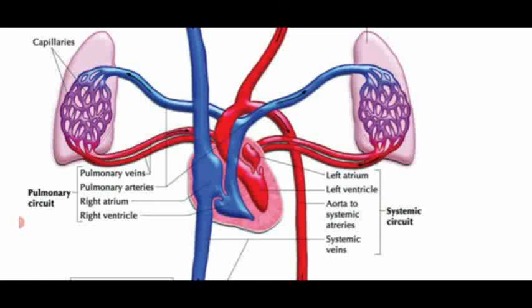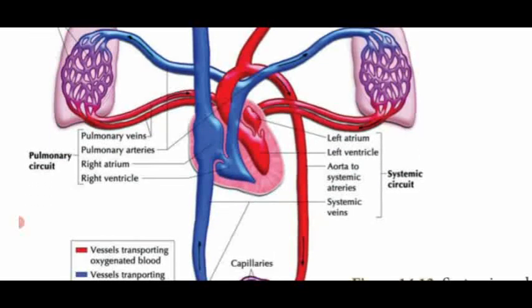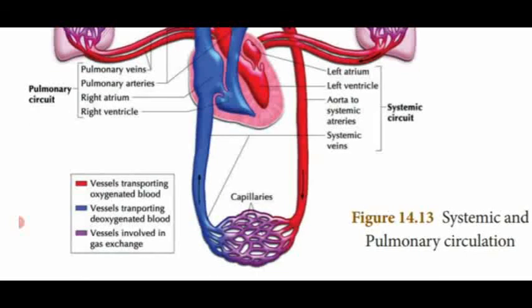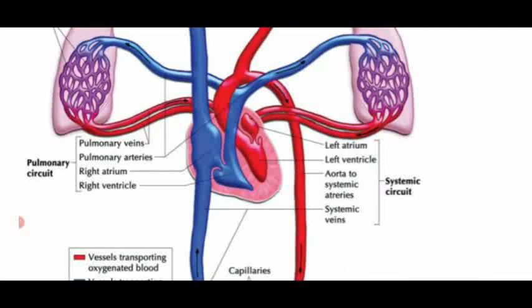Coming to your right side, the left atrium and left ventricle. The biggest artery which arises from the heart is known as the aorta, which carries oxygenated blood. At the same time, the systemic veins carry deoxygenated blood. That circuit is known as the systemic circuit, on the right side of the diagram.